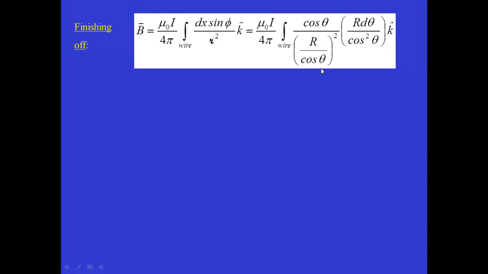So what happens here? Take a look. We end up with the r's canceling out. Actually, one of them does, because we have r over r squared. So that'll pull a factor of r outside the integral, and we've got cosine squared. The cosine squareds in the denominator cancel each other out, leaving behind the simplest of possible integrals, the integral of cos theta from theta 1 to theta 2.